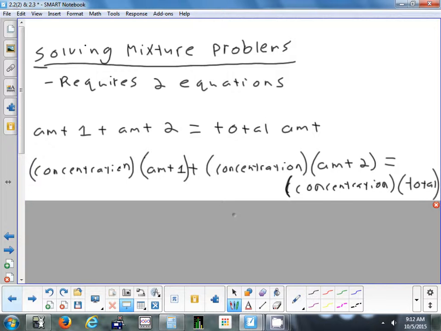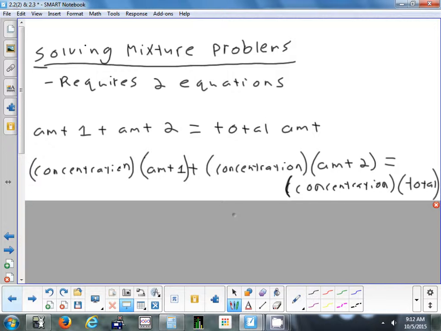So when we do a mixture problem, usually they're going to give us two things we're going to mix together. A lot of times they do like a solution. They might say you're going to mix a 10% solution and a 20% solution. That's what you're going to mix.